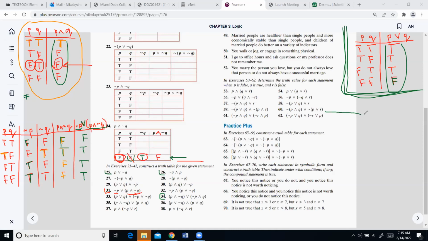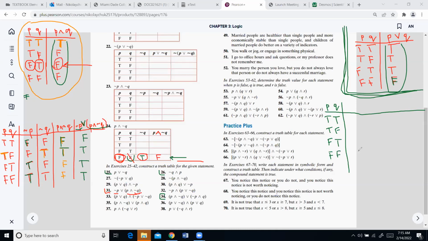So I'm gonna put the table here with lots of steps. I hope I'm gonna be able to fit this. So P and Q always start the same. So T, T, T, F, right? And then we also have F, T, and F, F. So that's our standard favorite little step.